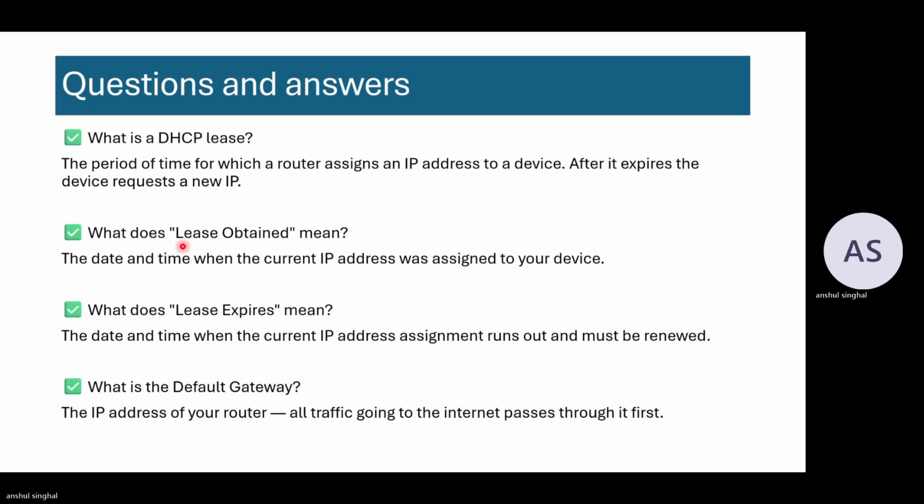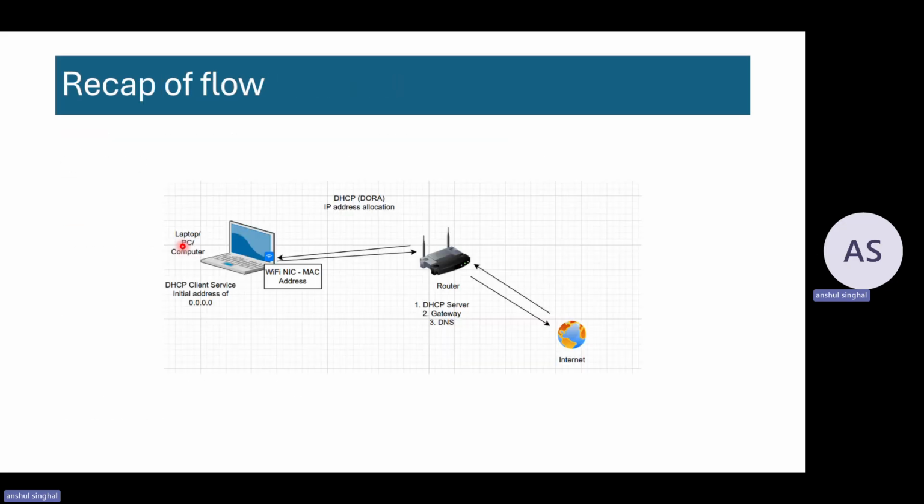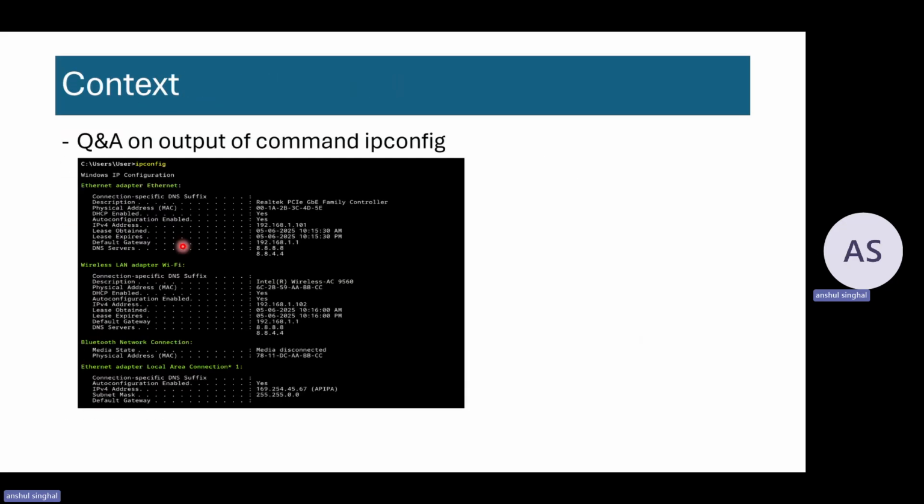Now the next two questions are, what do lease obtained and lease expires mean? As we have seen, there is a lease time, so we can see here that when it got this IP address, that's the start time. Basically the clock starts from this time. So lease obtained and lease expires, when this time is going to expire.